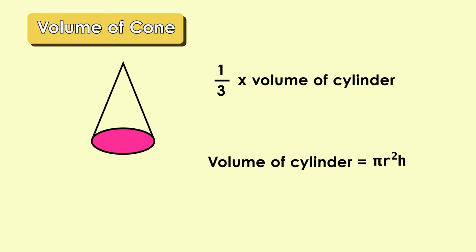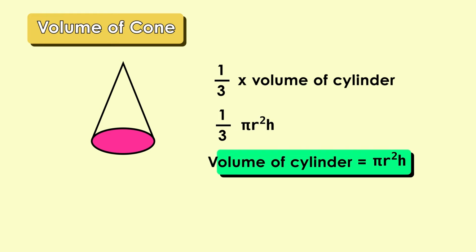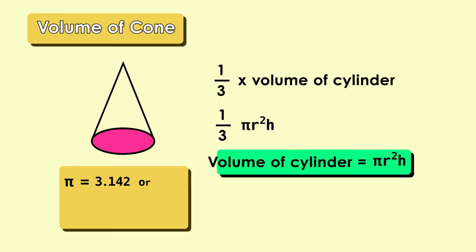Hence, the volume of cone is 1/3 pi r square h, where the value of pi is 3.142 or 22/7. R is the radius of the circle, and h is the height.